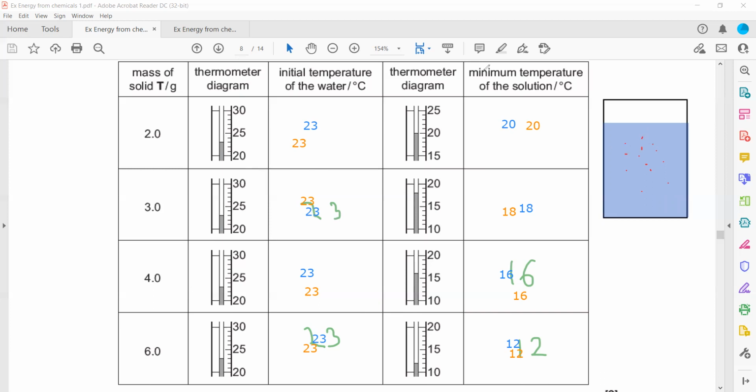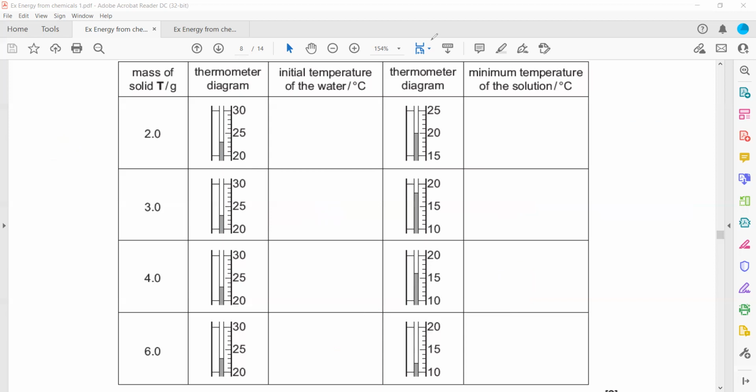So the reactant particles take energy from the water. When the reactant particles take energy from the water, the temperature of the water will decrease. That's why whenever the temperature of a solution or liquid decreases, it means the change is endothermic.